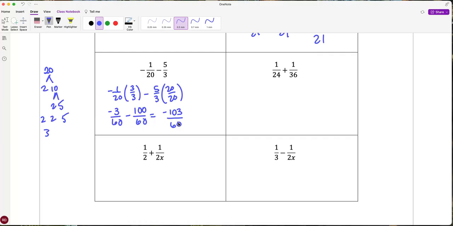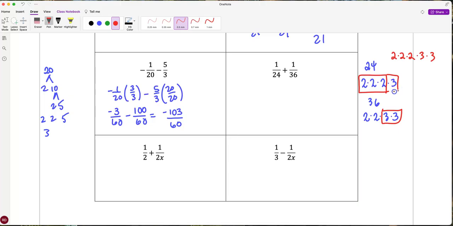1/24 plus 1/36. So 24 is what? 2 times 12, which is 2 times 6, which is 2 times 3. 36 is 2 times 18, which is 2 times 9, which is 3 times 3. So my common denominator must have 3 2's. Okay. My common denominator must have 2 3's.